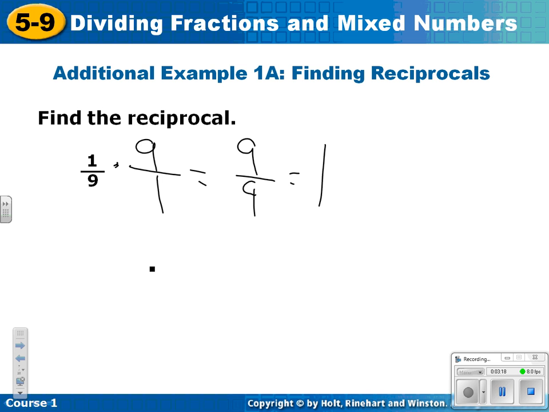What is the reciprocal of 3? 1 over 3. Because 3 as a fraction is what? 3 over 1. So the reciprocal is 1 over 3. When we multiplied those together, we'd have 3 over 3, which equals 1.